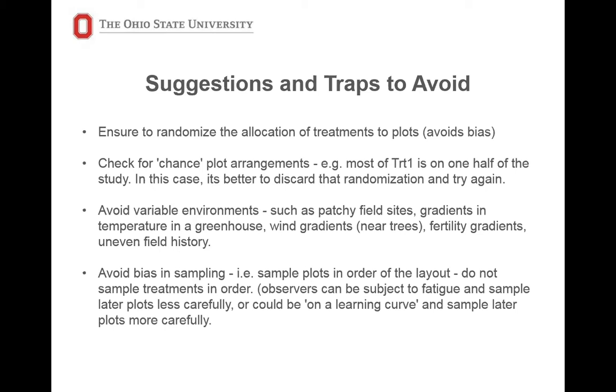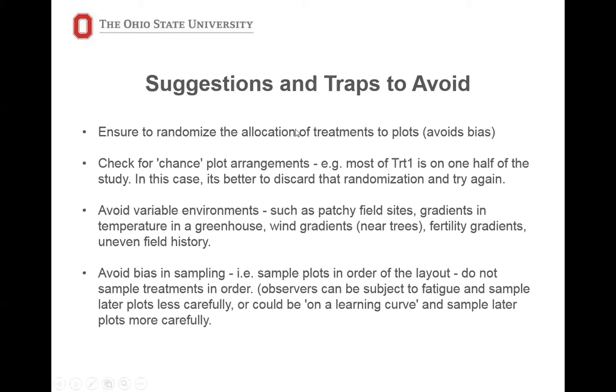Once we've made our randomization, we should check for chance plot arrangements. The example in the textbook, we'll look at this in more detail next week, but we should just eyeball that, say, treatment 1 is distributed uniformly through the experimental space.